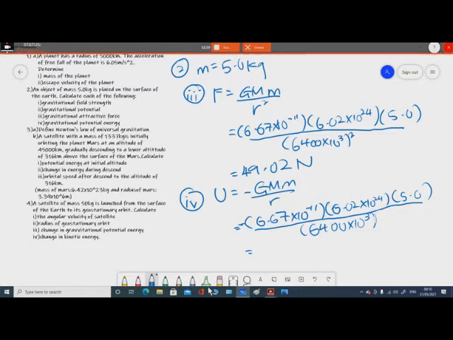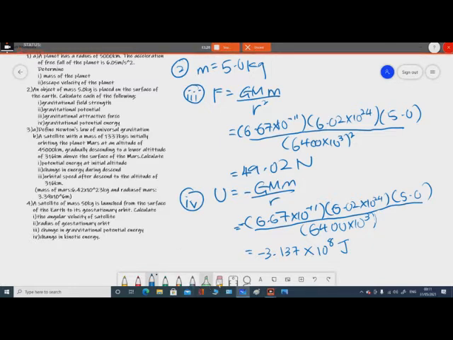The final answer we get is negative 3.137 times 10 to the power of 8. Let me count again. Yeah, 10 to the power of 8 joule. So this is our final part for question 2.